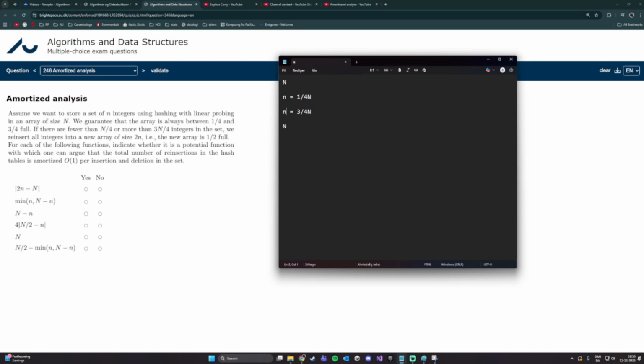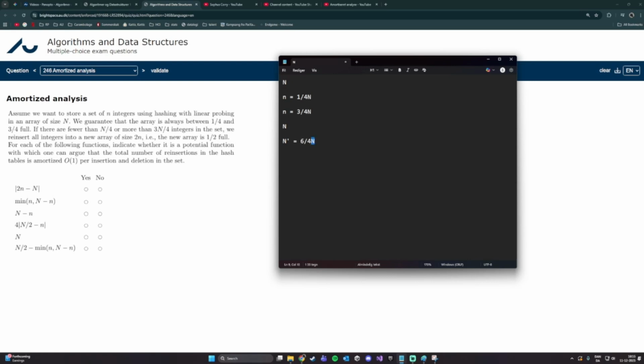So that means for the big one here, we make a new array of size 2n. So okay, that means our new array here becomes 2 times 3/4 n. Okay, so that means it is 6/4 n.